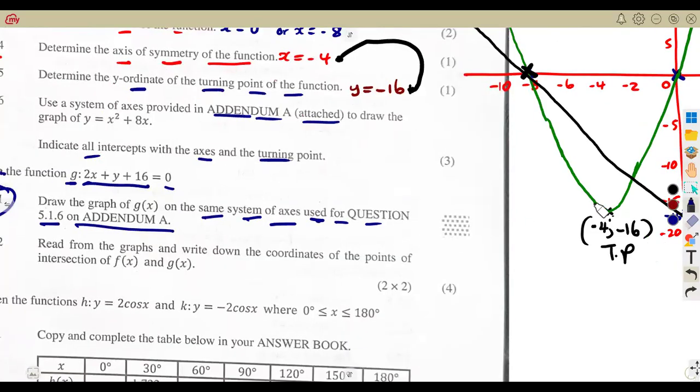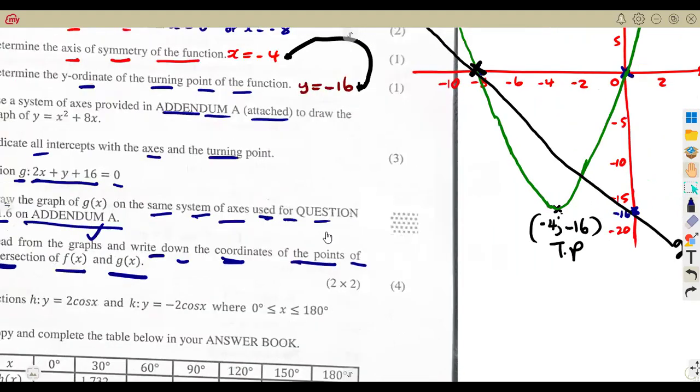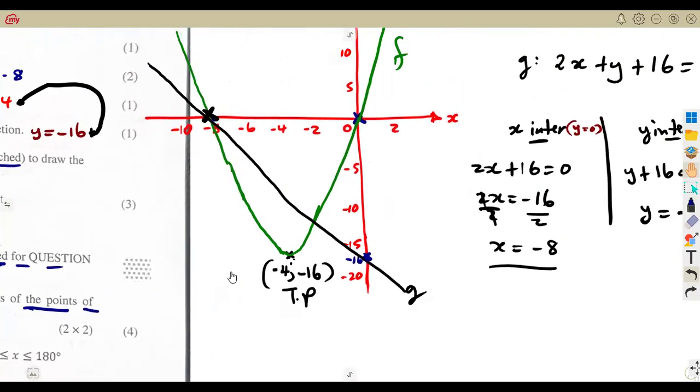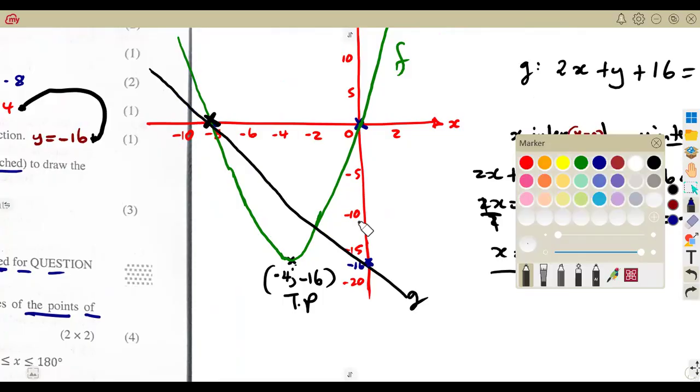And after that, they were asking you to read from the two graphs that you've drawn, and write down the coordinates of the points of intersection of f of x and g of x. Remember, our f of x is the quadratic and g of x the straight line. So at the intersection, where are they intersecting?